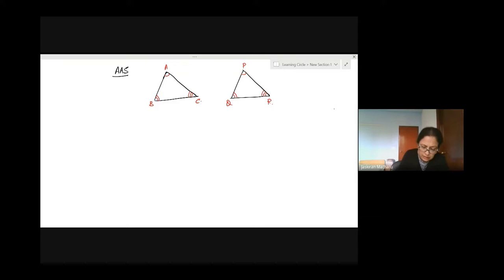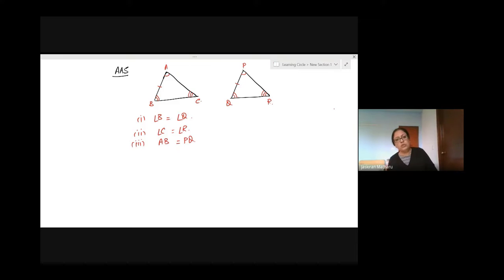Now let us say in this case side AB is equal to side PQ. So we can take angles B and C and the corresponding angles Q and R, and now the side is not included. Then also these two triangles are congruent. So I could write that angle B is equal to angle Q, angle C is equal to angle R, and third is side AB is equal to side PQ.